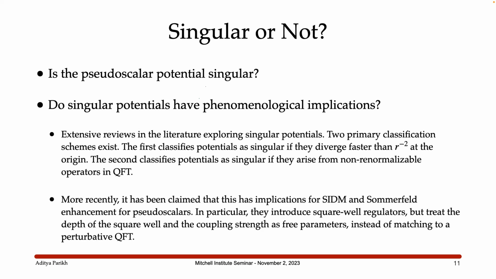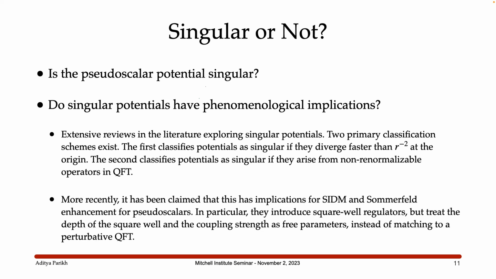And then the second, which came a little bit later, basically said that if your potential is coming from non-renormalizable operators, then that's going to give you a singular potential. Whereas if it's coming from renormalizable operators, then it's going to be non-singular and everything's fine and good. And I will draw a counterexample to that as well in the second half of the talk.